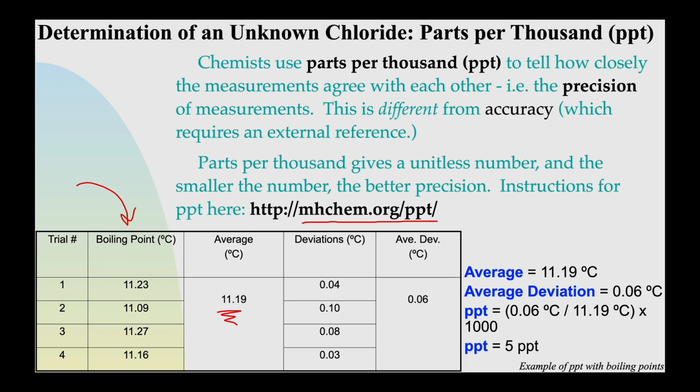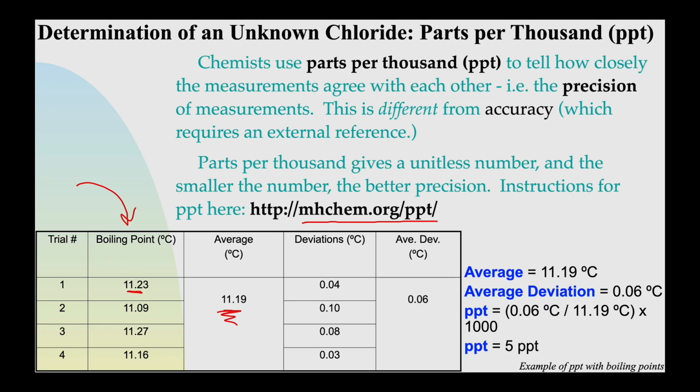And I encourage you to try this on your own, because you're going to do a parts per thousand here in a little bit, and it's pretty easy. So that's the average. We would say that of the 4 values, it looks like the average boiling point would be 11.19 degrees Celsius. But if you want a parts per thousand, it's pretty chill. What you do is you take the positive difference between the individual values and the average.